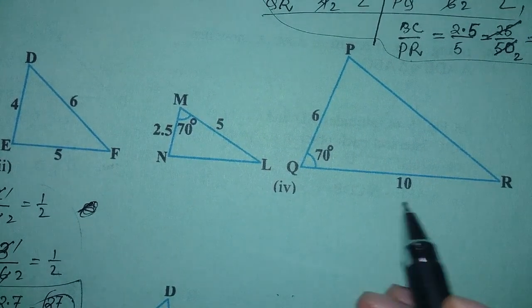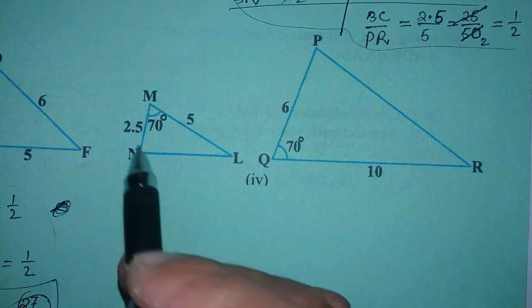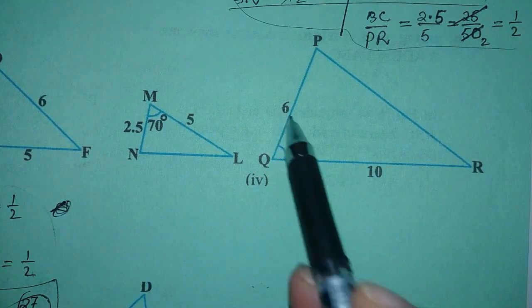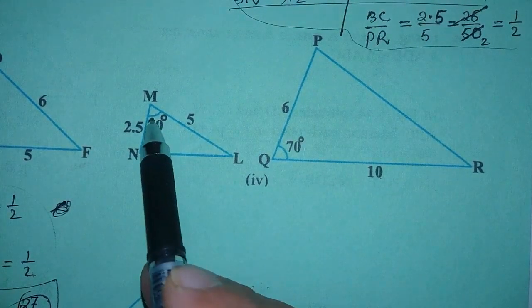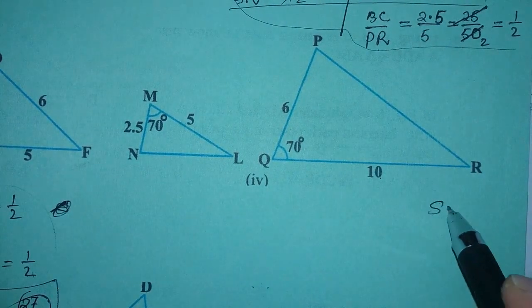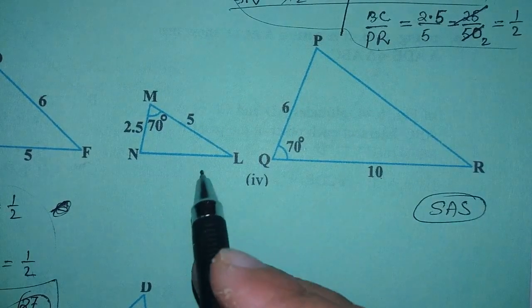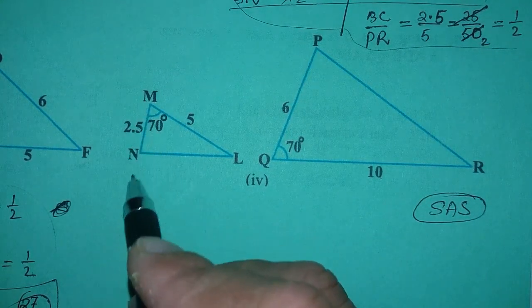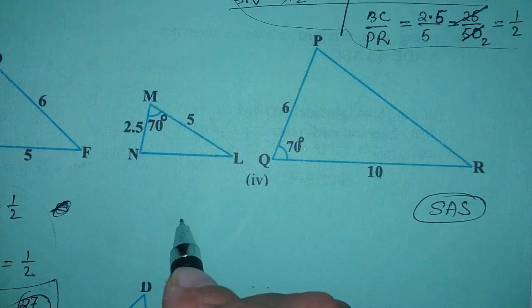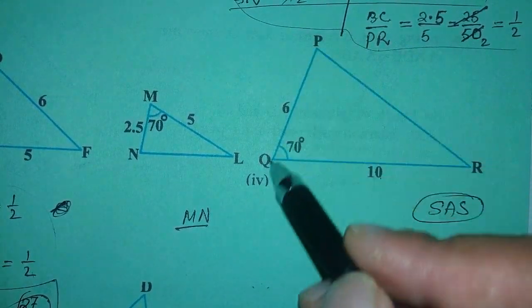Now for the fourth figure, two sides are given here and the included angles are given. So we're going to check using SAS similarity. Now let's see the shorter one here. The shorter one is MN and the shorter one here is PQ.